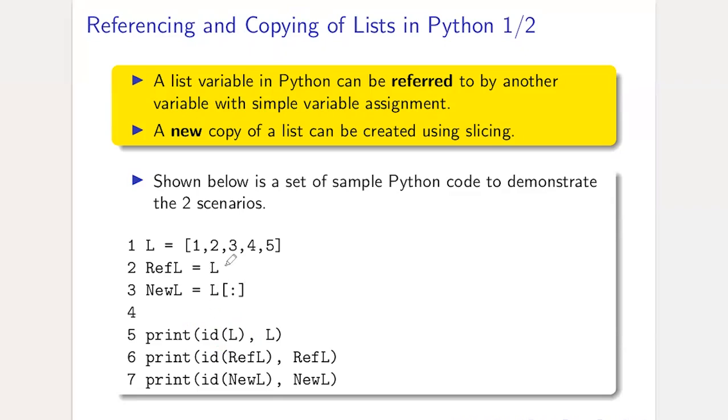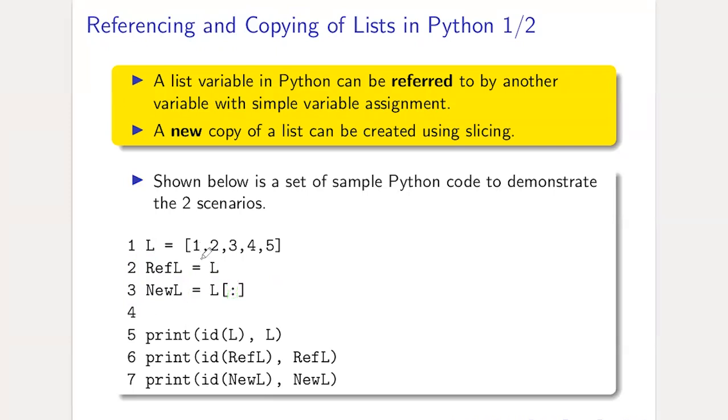First of all, I will assign the variable L to this new variable ref L. That's one type of assignment. The other type is I will use the splicing operation and assign to another variable, which I am calling new L. You can see my splicing operation actually refers to the entire list.